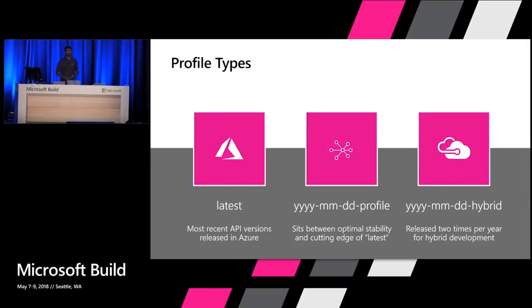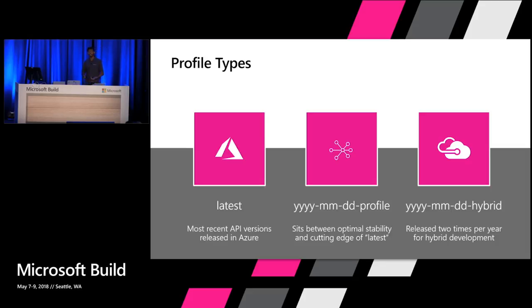These are the profile types. We have latest. It's going to be the most recent API version of anything that's released in Azure. Profile latest is the cutting edge. It probably won't work on Azure Stack. We have the dated profile. This is cut every few months, and it's just a snapshot of the API versions in time in Azure.